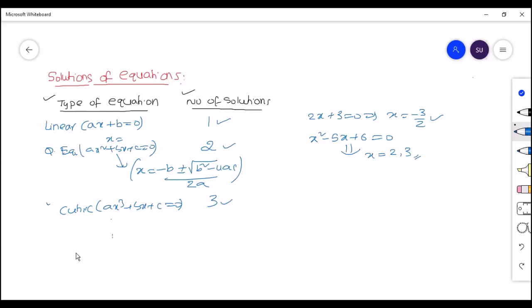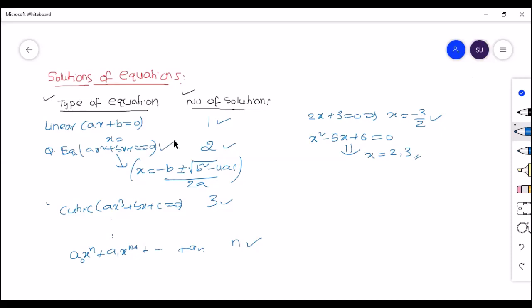Like that, if the polynomial is an nth degree polynomial, you will have n solutions. Till the previous chapter, we could find the solutions for a quadratic.